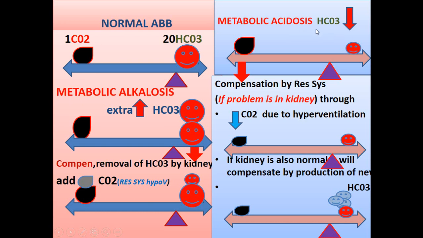Now, the arrow is showing that your bicarb is reduced. How is this bicarb reduced? Actually, the bicarb present in your body is used for the neutralization of the excess hydrogen. That's why these bicarbs are utilized, they are consumed in the neutralization of the excess hydrogen.